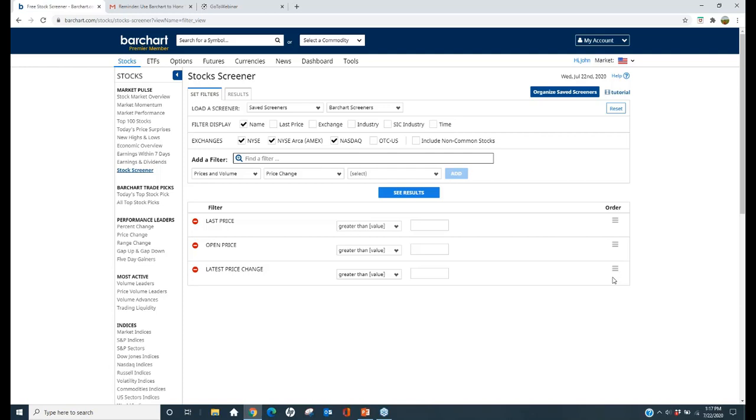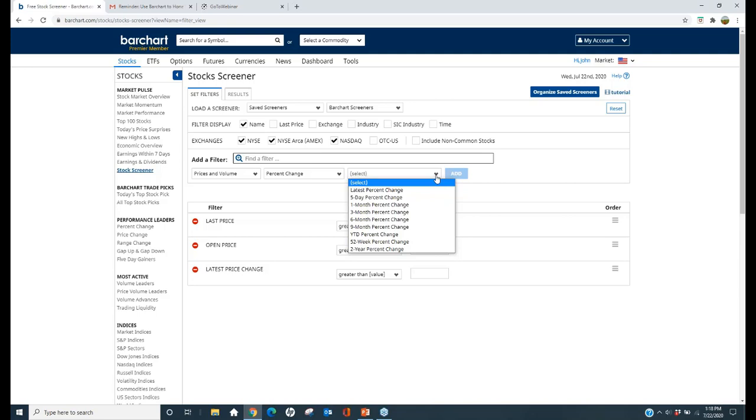And then the next one I'm going to look at is percent change. Again, I have an opportunity to look at percent change over smaller time intervals: the last day, or 5 days, or 1 month, 3 months, 6 months, year to date, 52 weeks.